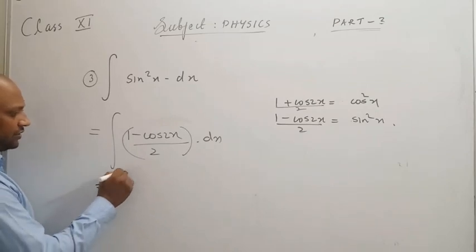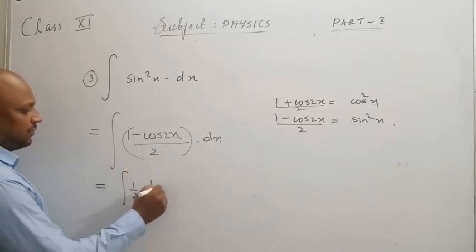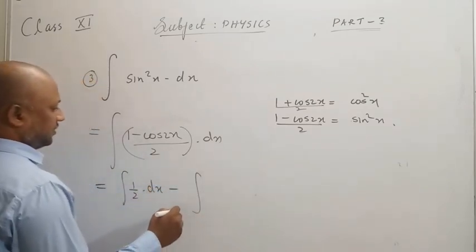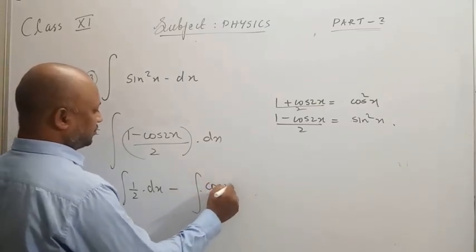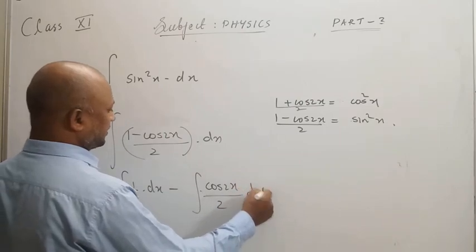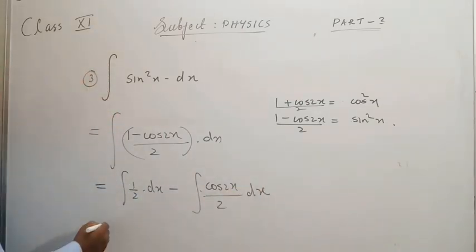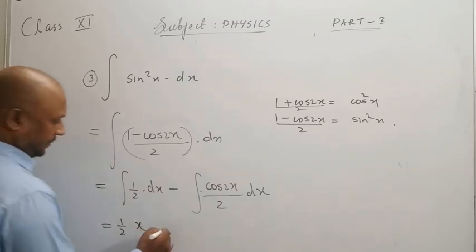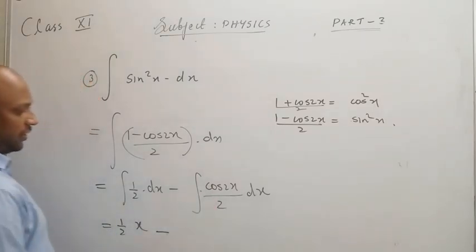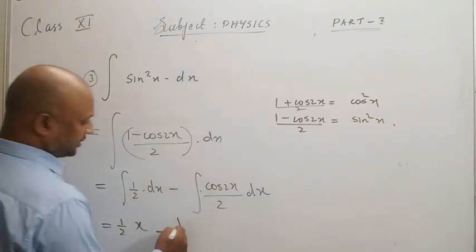Now I can do 1 by 2 dx minus 1 by 2 cos 2x dx. Integration of dx is x, minus integration of cos 2x.